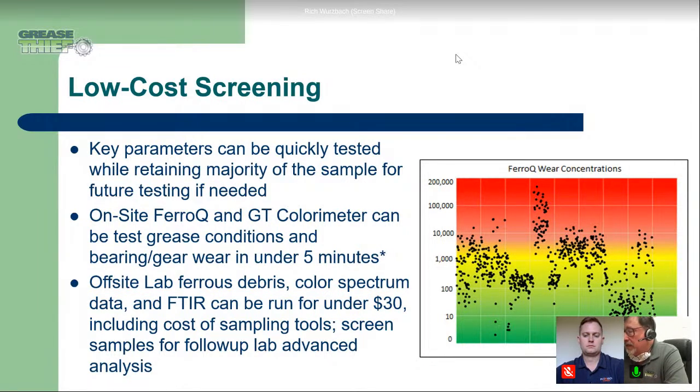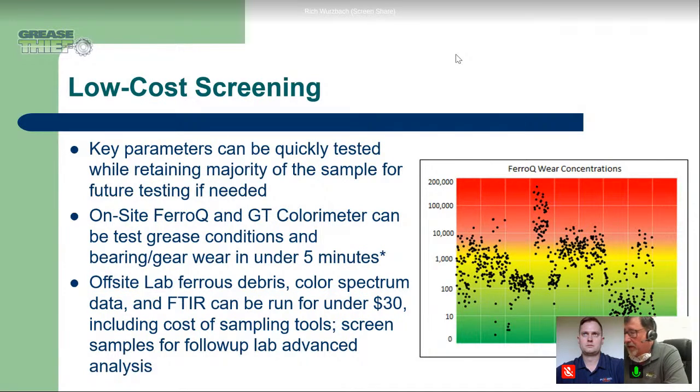In this scatter chart that you see here, we've created it's actually quite a variation in ferrous content over a population of a couple hundred wind turbines. And we've grouped them together and put them on this scale, which is a logarithmic scale, or mostly a logarithmic scale. And you can see that some of these are grouped together.